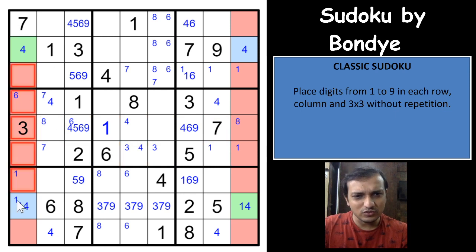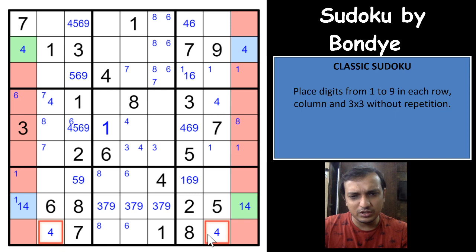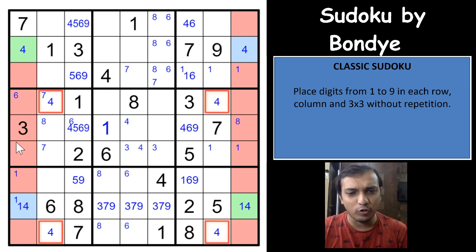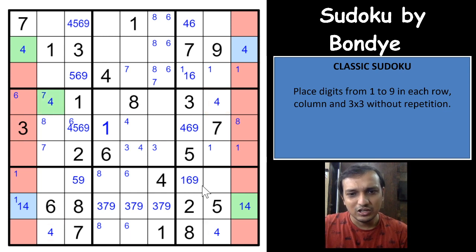Because of the X-wing of 4 in this column and this column, I mean to say this row and this row, a 4 has to be in these 2 cells and in these 2 cells in these 2 rows. Again you form an X-wing of 4. Now if you see, what an excellent logic. So these 2 rows will have 4 in either the green cells or the blue cells again, right?